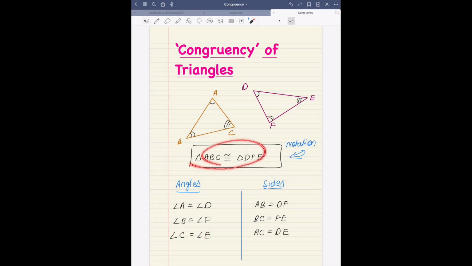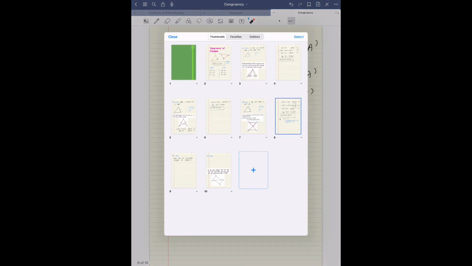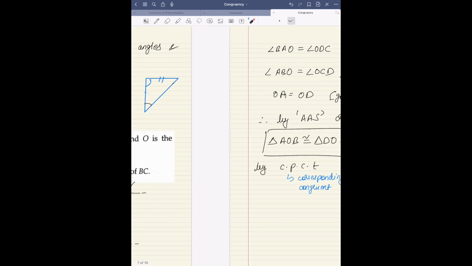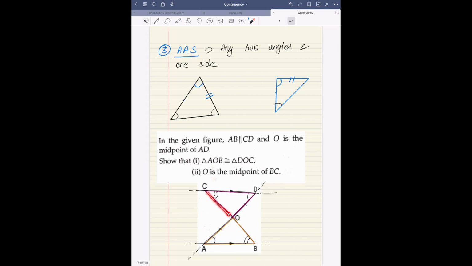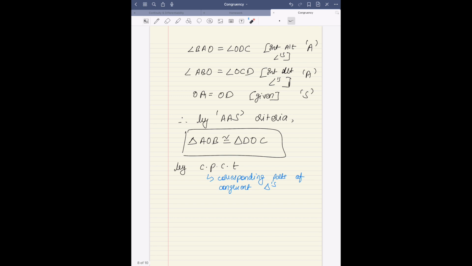If you know that two triangles are congruent, you know that all the corresponding angles and all the sides are equal, right? So see this. We need to show that these two are equal. If you show OC is equal to OB, you have proved that O is the midpoint of BC. And here you can clearly see that OB is equal to OC.